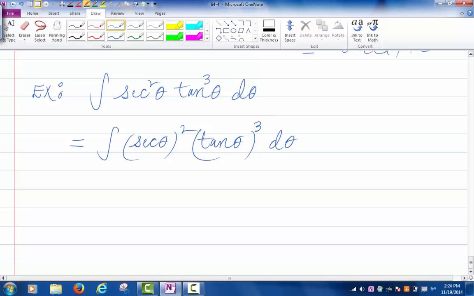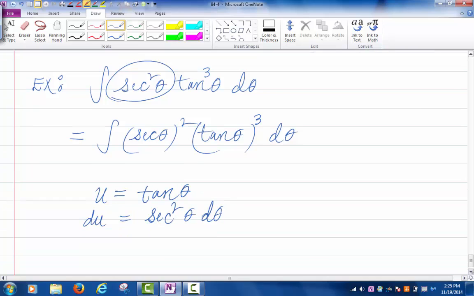Notice that the derivative of tangent is what? Derivative of tangent is exactly secant squared. So that tells you maybe that's a better choice. So let's see what happens. If I take u to be tangent of theta, then the differential of u would be secant squared of theta d theta.